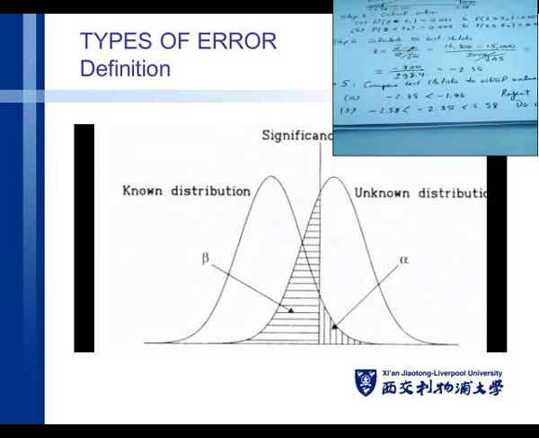So usually what people do is set the significance level and then try to minimize the type 2 error. And one way to minimize the type 2 error is to increase the sample size. The bigger the sample size, the more your standard deviation decreases, and the less likely you are to get this type 2 error.